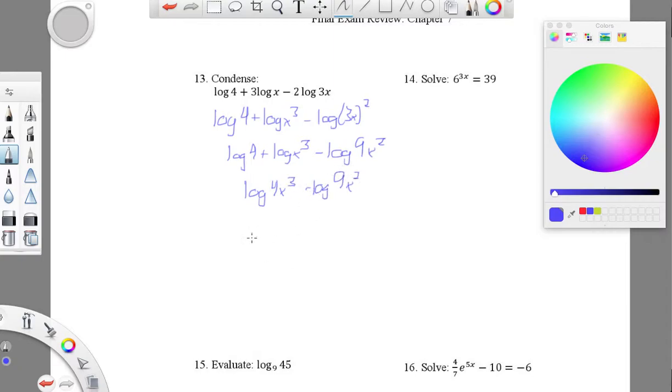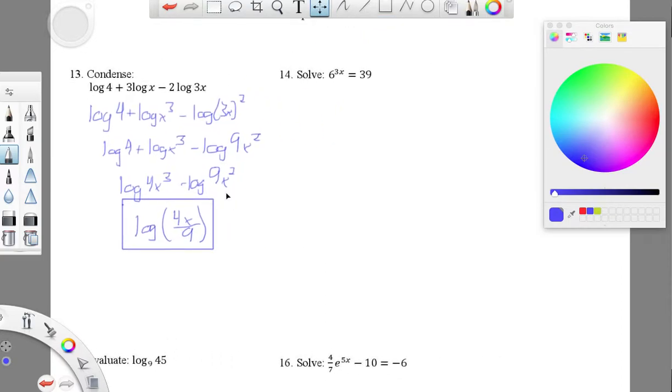Because this is subtraction, I am in fact going to be using the quotient property. So this becomes 4x over 9, and that's after simplifying. I put these parentheses in there so it's clear that I'm taking the log of this whole fraction. It avoids any confusion, and I recommend you do it on your test.